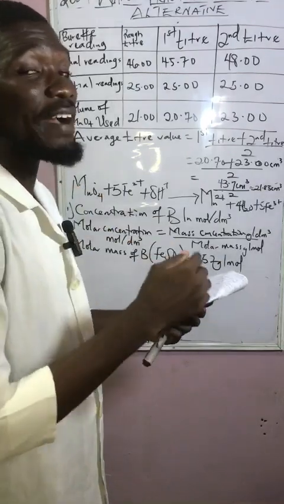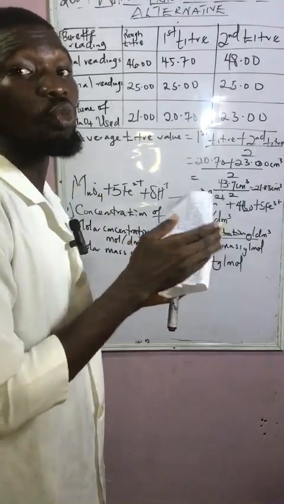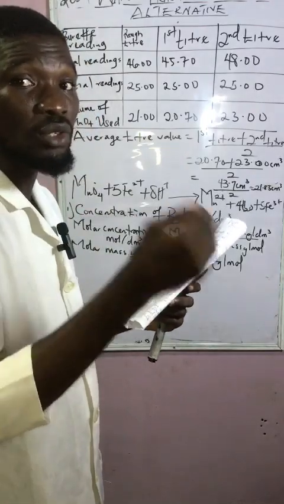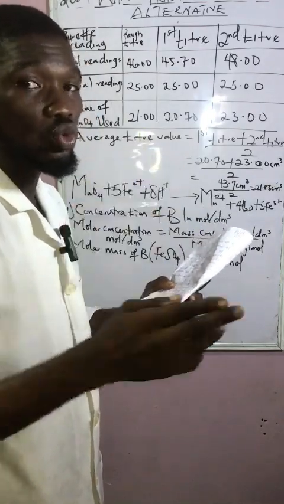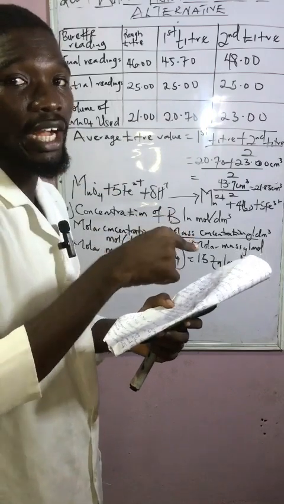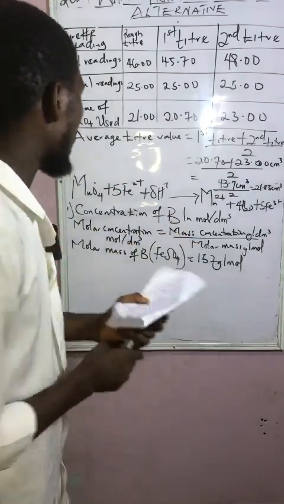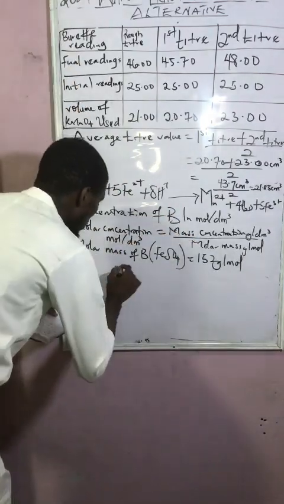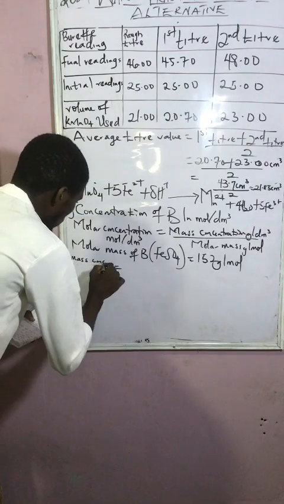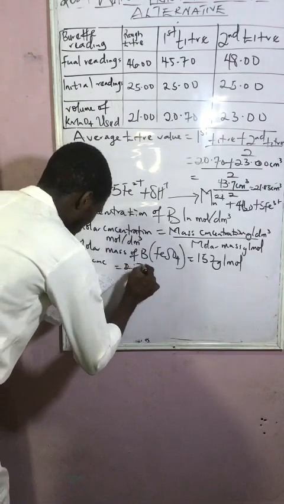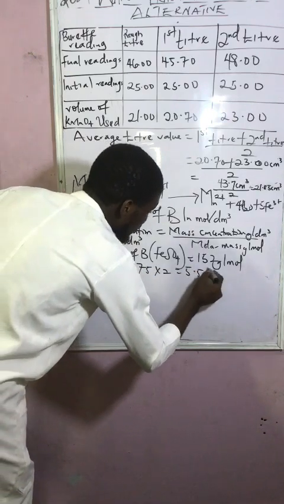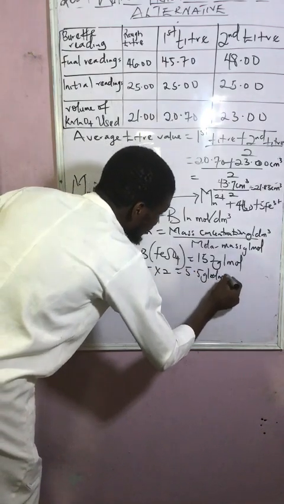It can come in that form, but the 2.75 given to you will be multiplied by 2 to give us the initial value given by WAEC, which is 5.5. So we have mass concentration, 2.75 multiplied by 2, which is 5.5 gram per dm cube.